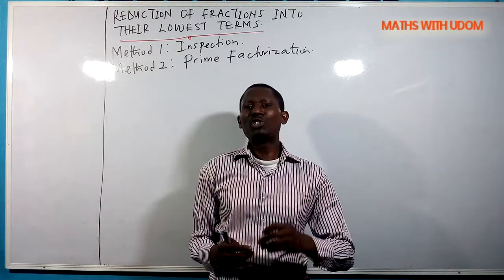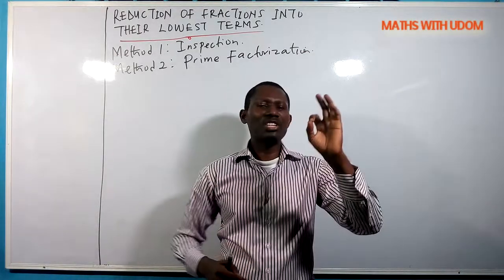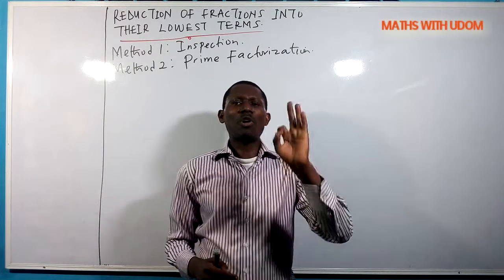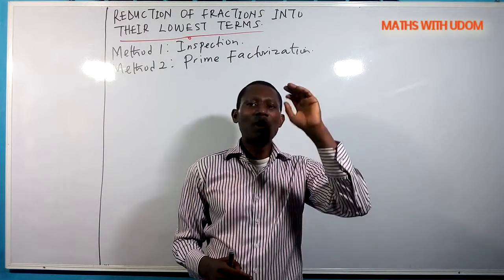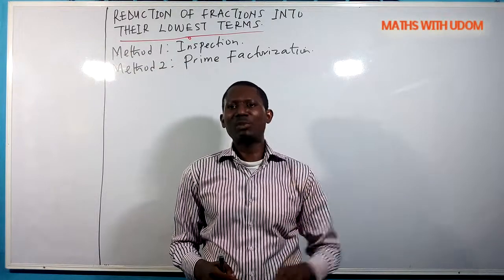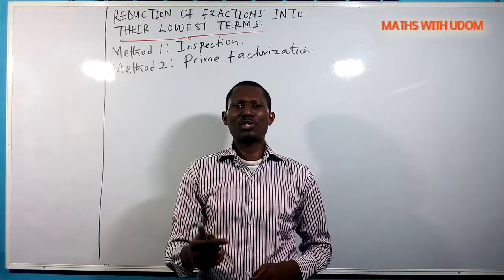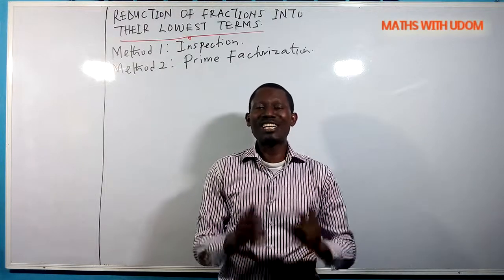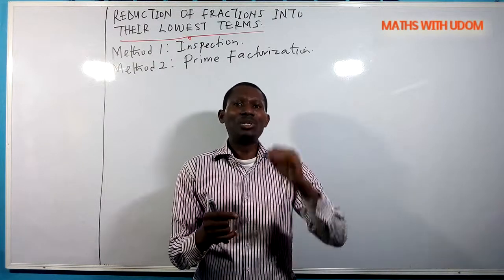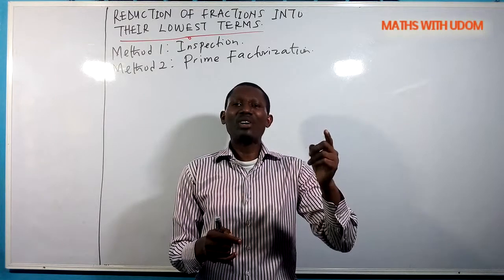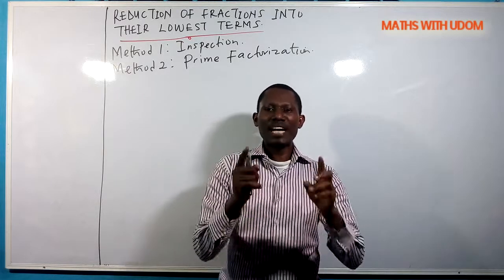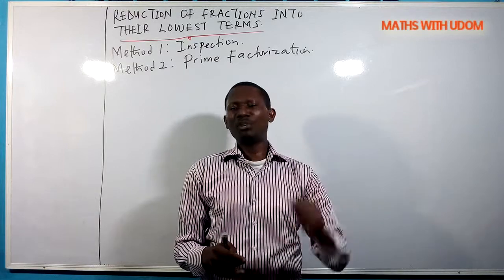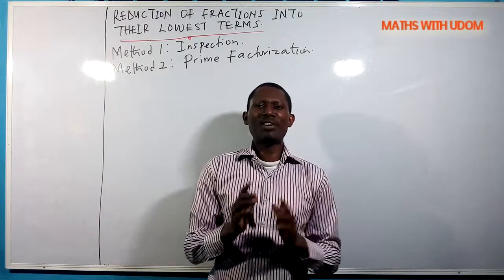Now for you to use the inspection method, we have 3 steps involved. Step 1 is to look for common factors of both the numerator and the denominator. Then the second step is to divide the numerator and denominator by their common factors.